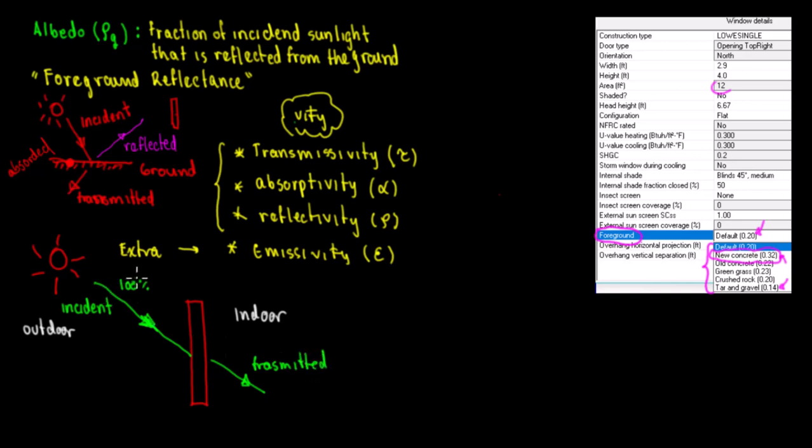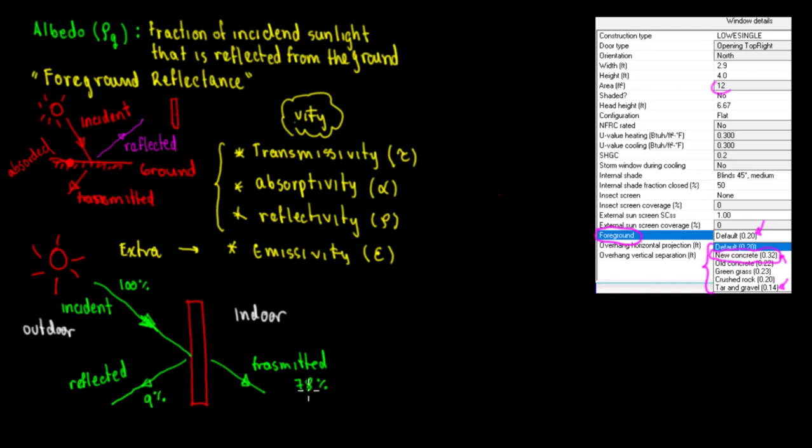So from the 100%, we can say that 78% has been transmitted, not all of it. And what is the rest? The rest is going to be reflected. It's going to bounce, and then that's going to be reflected. Let's say this reflected is going to be, say, 9%.